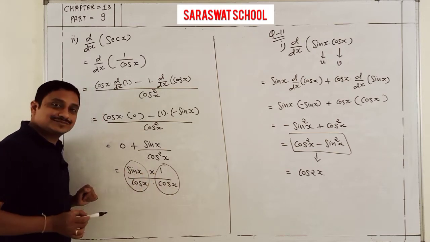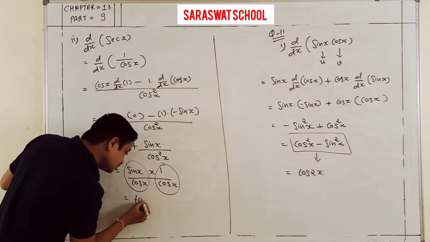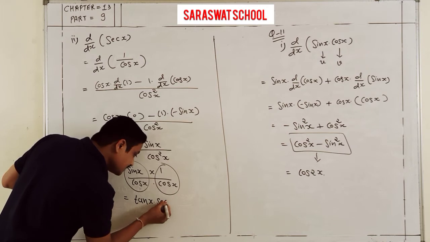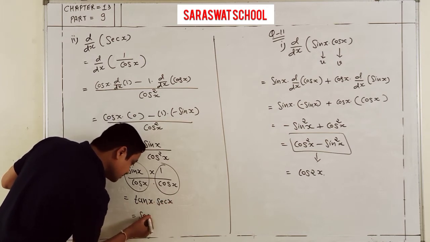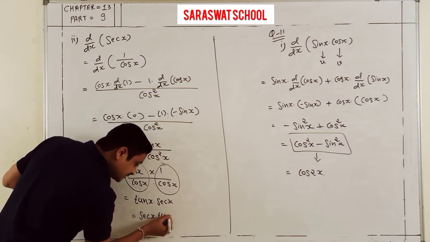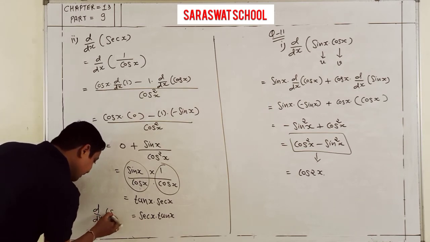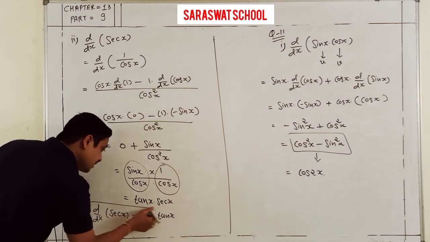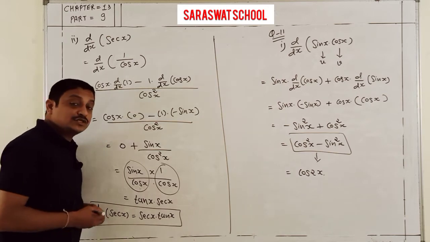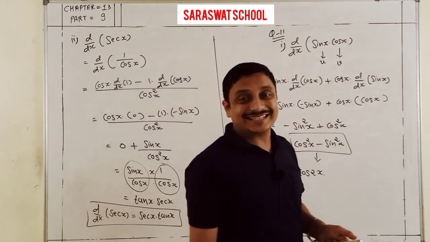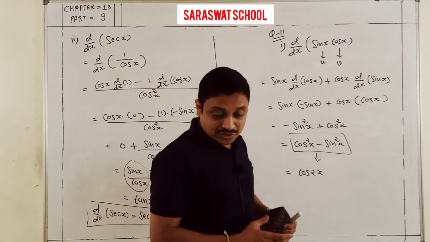It is tan x into sec x. So my answer is sec x into tan x. That's your derivative of sec x, and that's my answer. So you can always memorize the formula: sec x derivative is sec x into tan x.